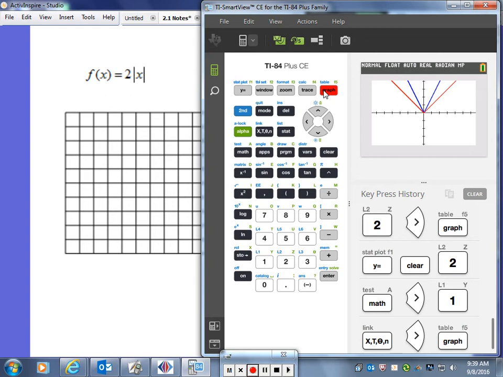Let's look at our blue graph now. Comparing it to the graph of our parent function, it has a vertex in the same place, goes down to the origin the exact same way, but it seems to be narrower, right? It goes up both to the left and to the right, far steeper than the red graph does.